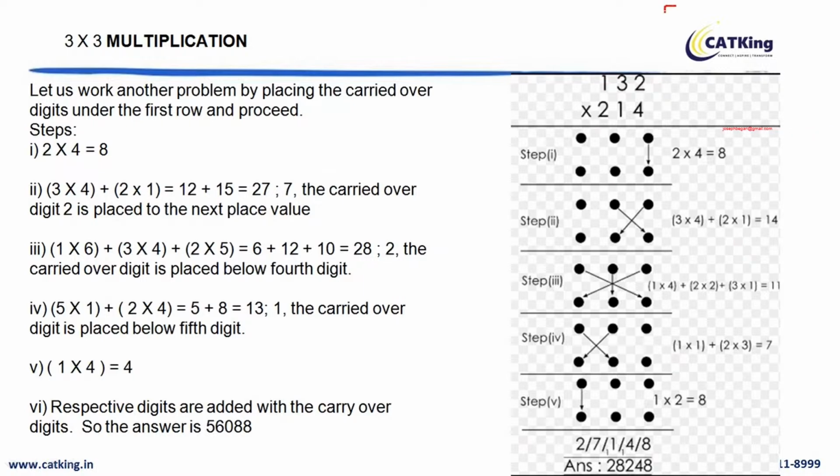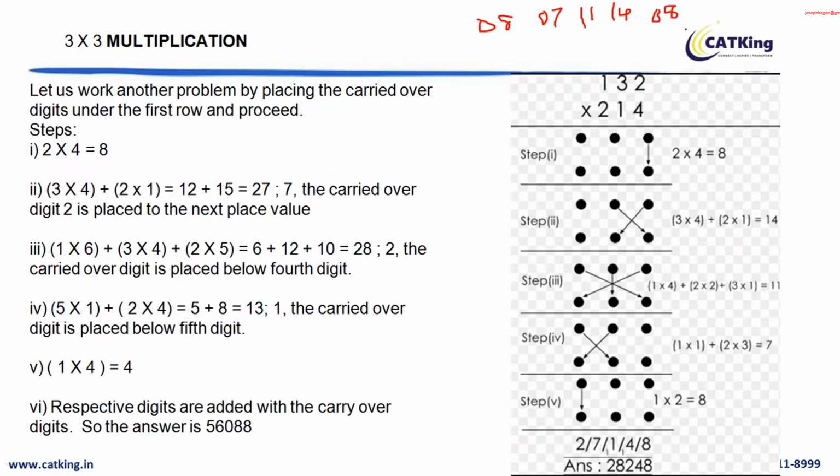We've gotten 8, then 14, then 11, then 7. So 7 we can write as 07, and then we've got 02. Alright, so we can write it as 02.